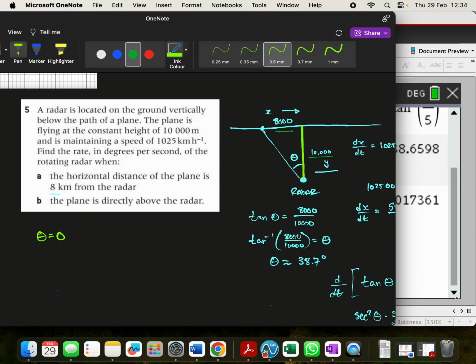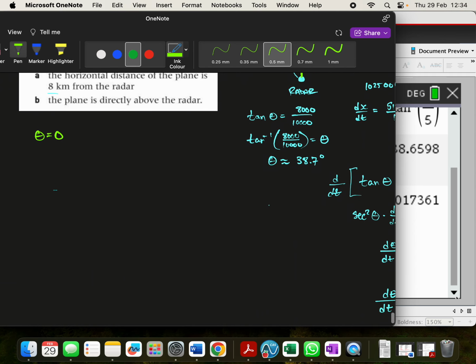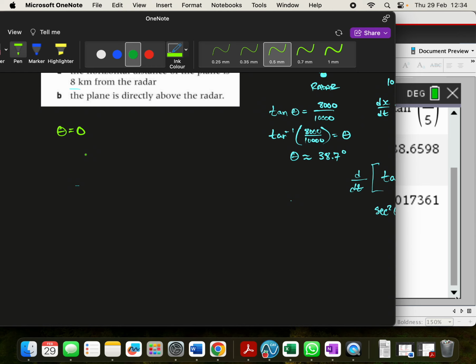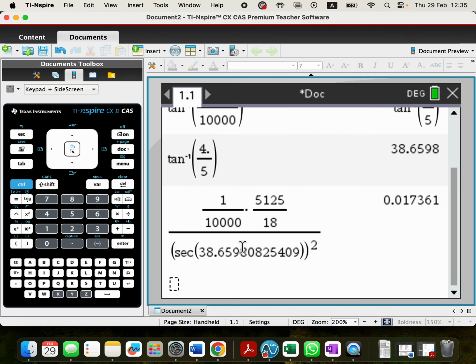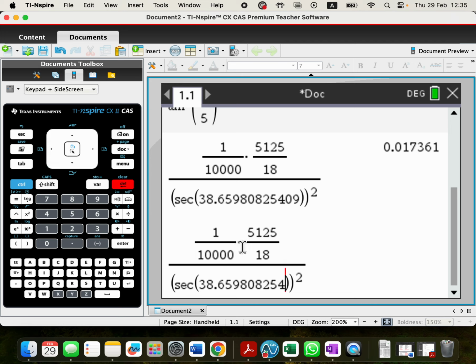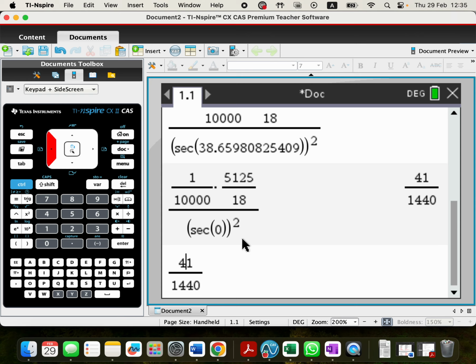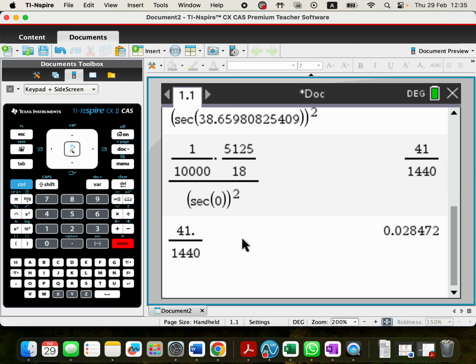So when I go to solve this, it's that same exact setup: 1 over 10,000 times our dx dt, which was 5125 over 18, and all of that divided by secant squared of 0. So I can just go right back to here, grab that, and if I put 0 in here, I get 0.28. So I hope that that makes some sense.